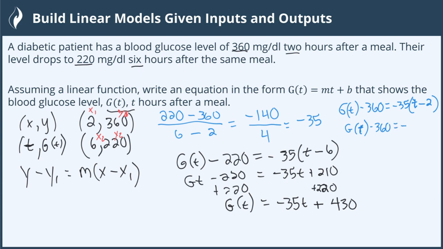We're going to distribute, so we get a negative 35t plus 70. Then we would add the 360 to both sides. So we would wind up with g of t equals negative 35t plus, so what is 360 plus 70? It's 430. So it doesn't matter which point you use, you should get the same answer.